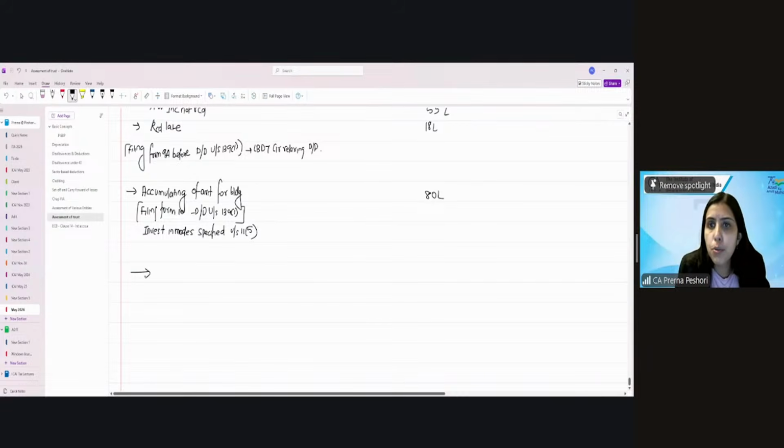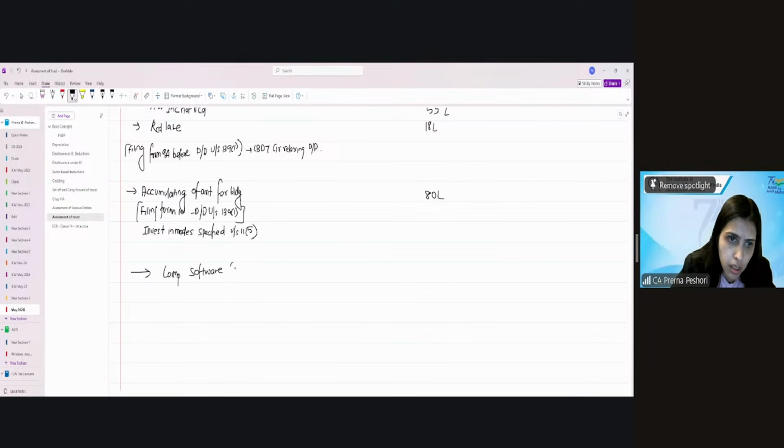The purchase of computer will be allowed, right? You will not get the depreciation, you will get the computer software. Clear? So, computer software. Depreciation is not considered as application. Clear? So 28 lakh.